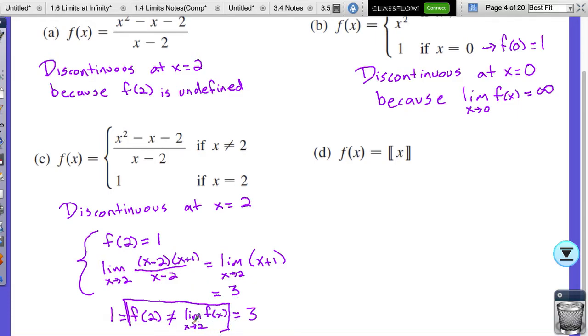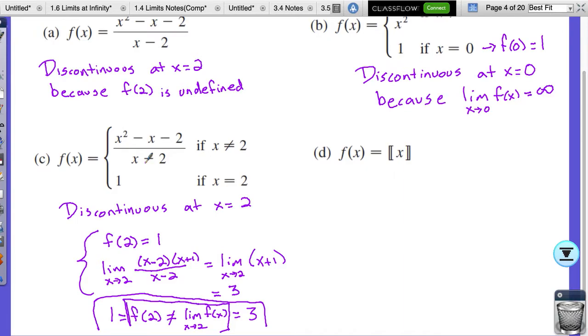Another way to show your work is if you did all that in your head and just wrote that long line of equal signs, that tells me you've done the work as well. I can say they found the function definition, it's 1. They found the limit, it's 3. And they've shown me they're not equal. If you can just see that x plus 1 and x minus 2, the x minus 2's cancel out, and all you have to do is plug into the x plus 1, in your head, that's fine, but I would need to see those values somewhere.